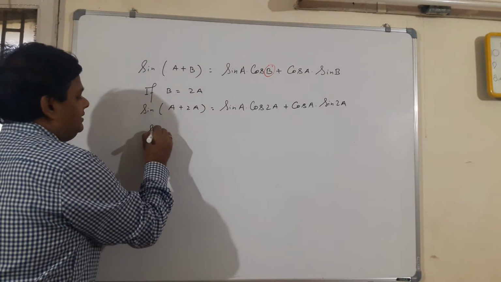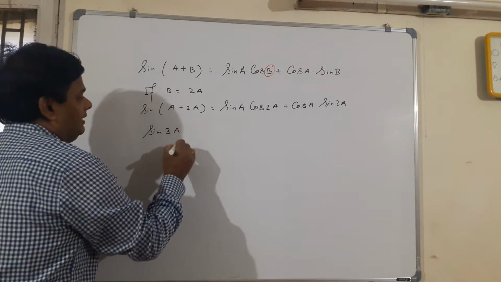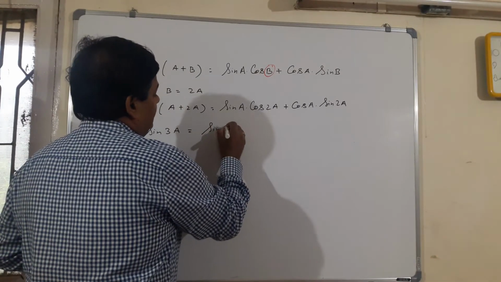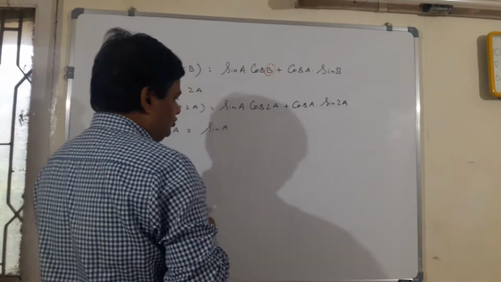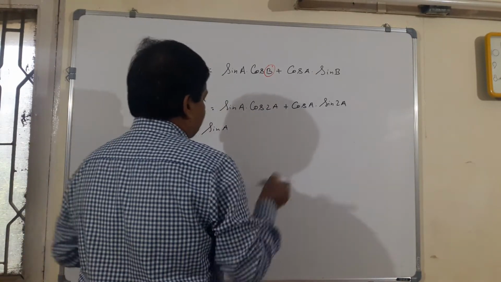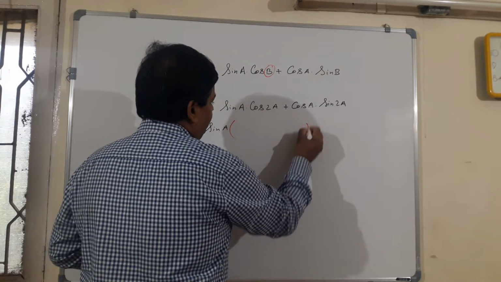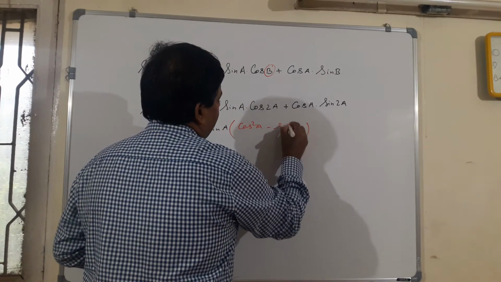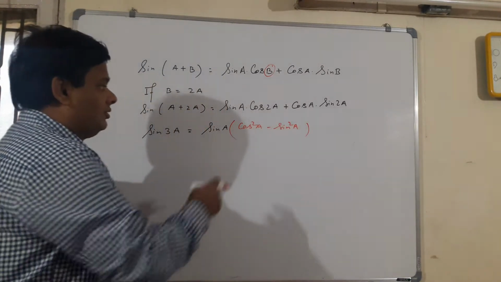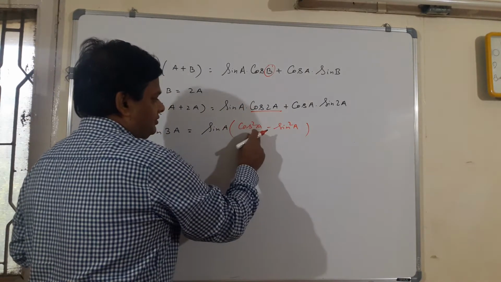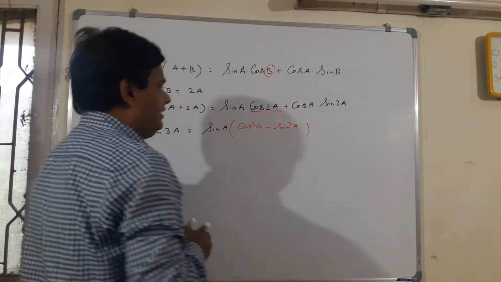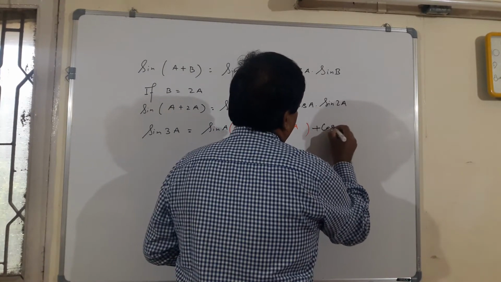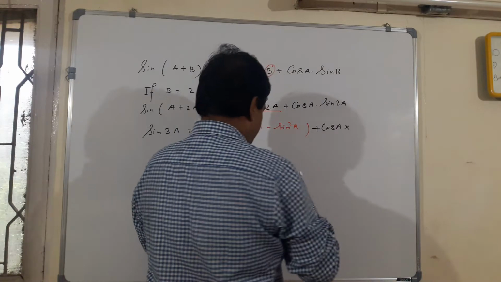Now sin 3a, because a plus 2a is 3a. So sin a, and the cos 2a formula we discussed already: cos 2a is equal to cos square a minus sin square a, plus cos a into sin 2a.